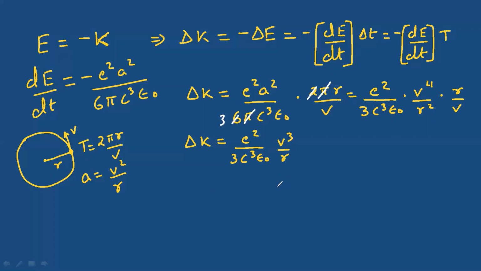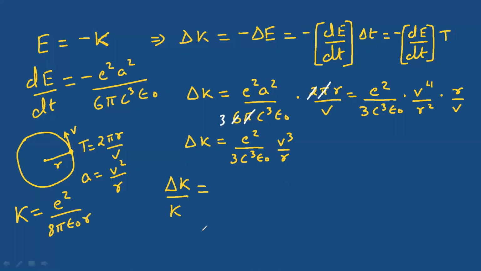All right. Now, what are you supposed to calculate? You're supposed to calculate delta k over k. Now, what is delta k? You just found out delta k. And what is k? Kinetic energy. We just established that kinetic energy was equal to E squared by 8 pi epsilon naught r.